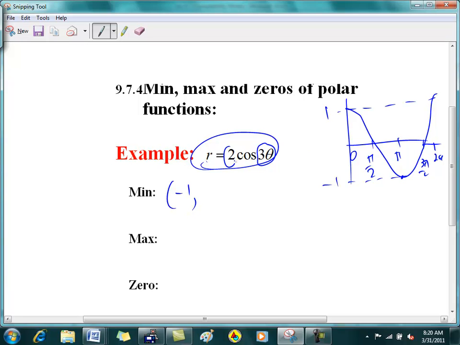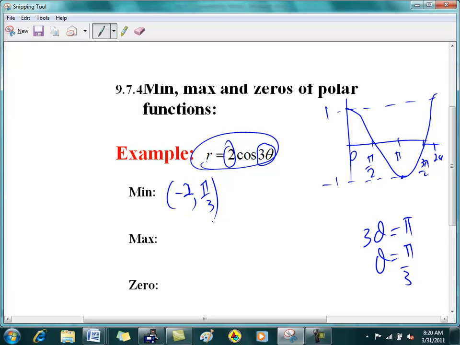Because of this 2? Yeah? So it's -2. And your angle is going to be pi over 3. Because remember, 3 theta is pi. So theta is equal to pi over 3.